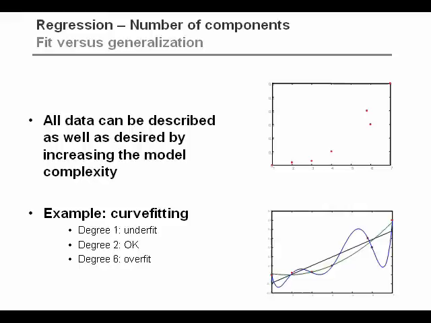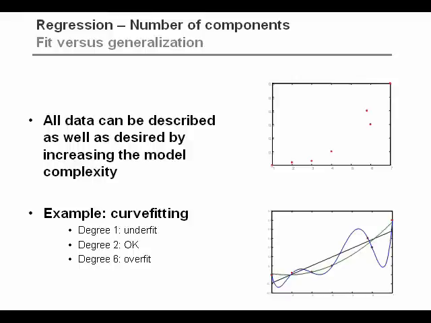So if we take all the possible components, we can in most situations describe Y as well as we please, as shown in the lower plot by analogy in curve fitting, where if we take a sufficiently high degree polynomial, we are able to fit a line through all the points, but we can see that it's not describing the structure in the data very well, and we do not expect that this line will be adequate for new samples added in between.